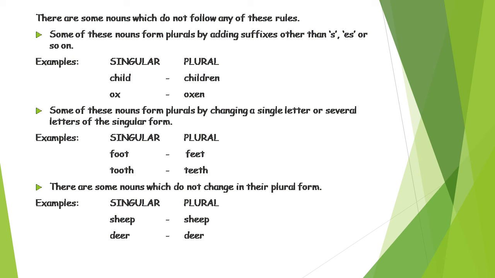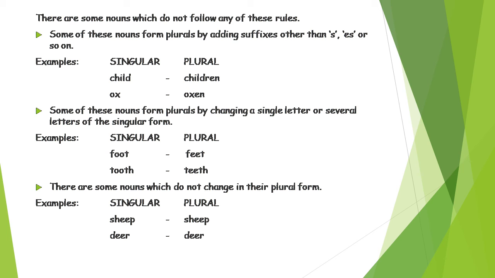Some of these nouns form plurals by changing a single letter or several letters from the middle in the singular form. Let us understand this better with the help of examples. Foot changes to feet.